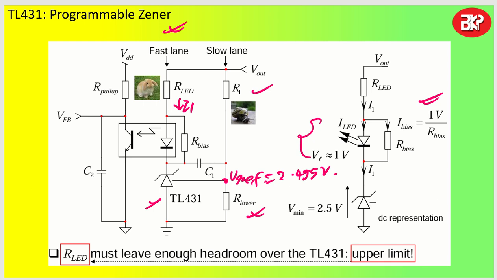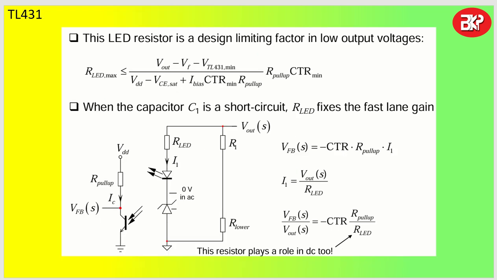Now if you see the formulas related to this, the value of R LED max that we saw just now is my output voltage minus the forward drop voltage across the diode, which is let us say 1 volt, minus the voltage across TL431 minimum, which is 2.495 volt, divided by my VDD minus VCE, that is the collector to emitter voltage, where VDD is the primary side voltage level.